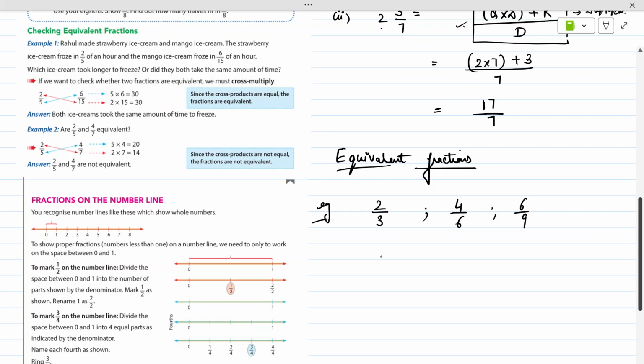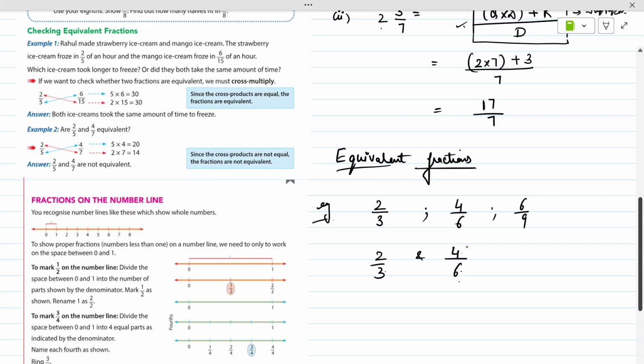So kids, if you will see these two, 2 by 3 and 4 by 6, right? These two are equivalent fractions in a way that the numbers here are different. In this fraction, the numerator is 2 and denominator is 3. In the other one, the numerator is 4 and denominator is 6.